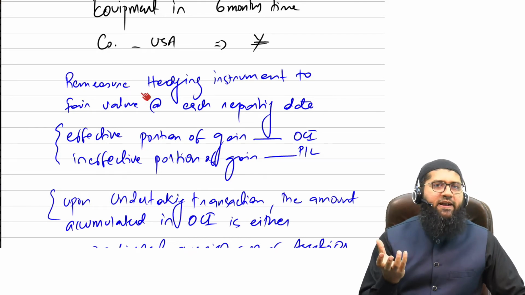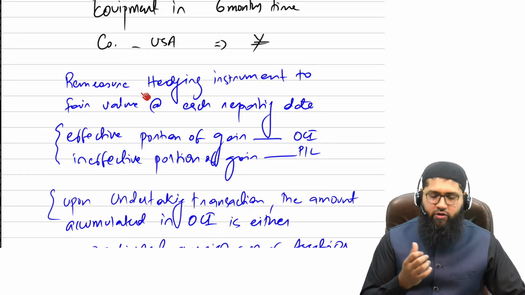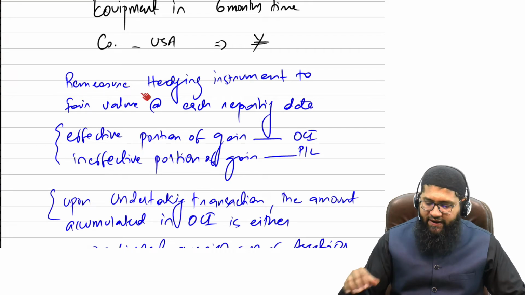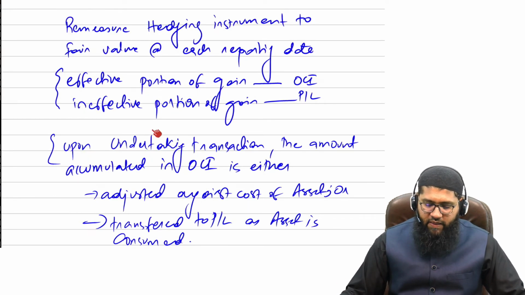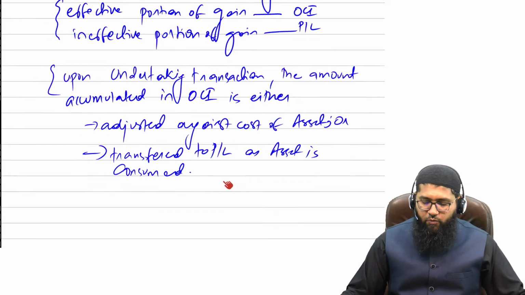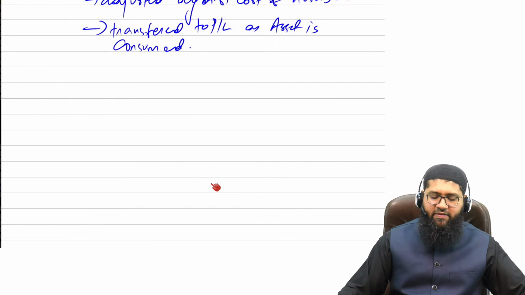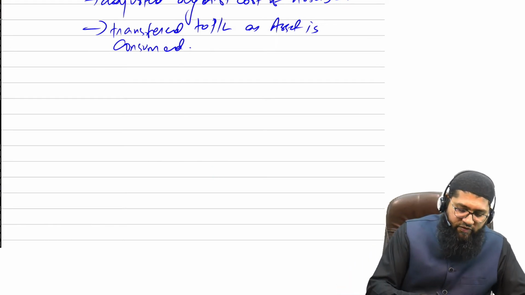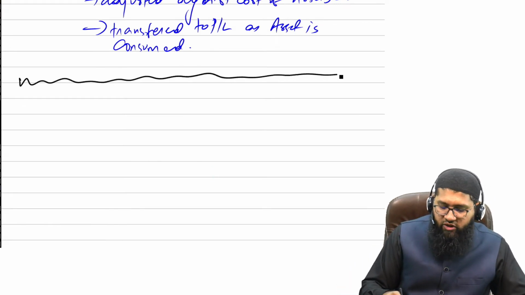Now, what is the effective portion? What is the ineffective portion? I'm just going to guide you. Plus, upon undertaking the transaction, the amount accumulated in OCI is either adjusted against the cost of the asset or transferred to P&L as the asset is consumed. Now, let me give you a bit of guidance on how it actually goes about.